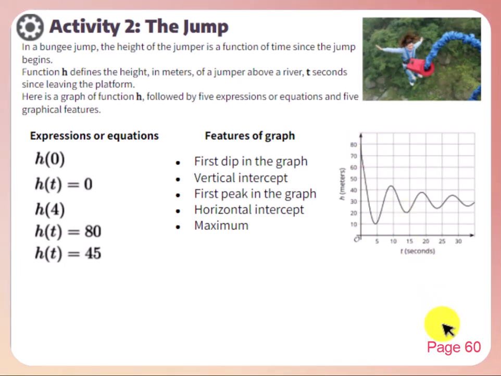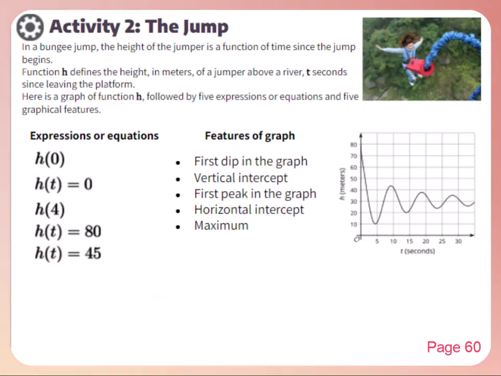Look in your book to make sure that you see it carefully. h of t equals 0. h of 4 is going to be our minimum. h of t equals 80. So where y is 80 is where that bungee jumper begins. And then h of t equals 45. So I've just gone through this quickly.